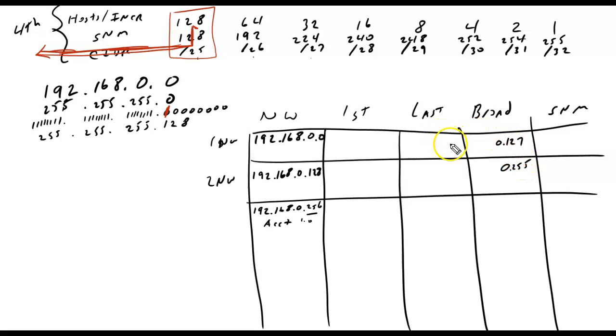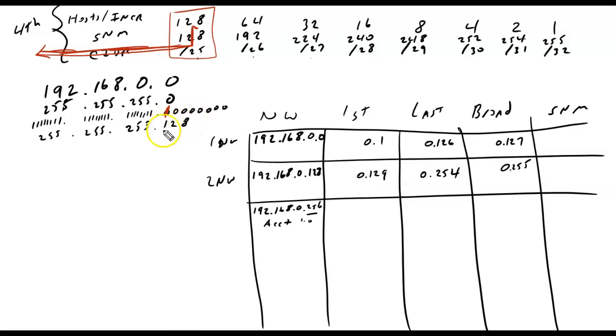In order to get the last address, I need one smaller than that. So a broadcast address of 0.126. Or excuse me, not broadcast, last address. Last address here of 0.254. First address, one after 0.0 would be 0.1. One after 0.128 would be 0.129.